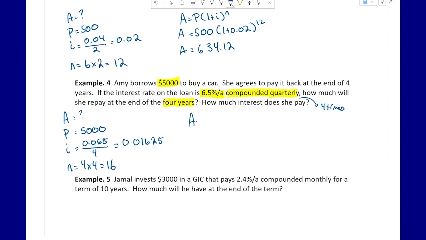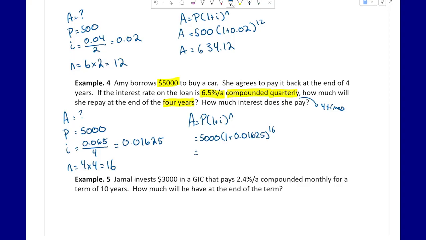Now I can use my formula, P times 1 plus I to the power of N: 5,000 times 1 plus 0.01625 to the power of 16.